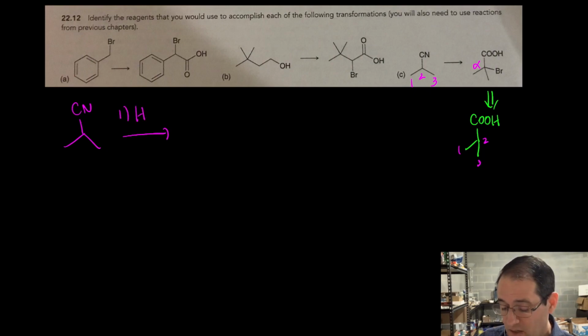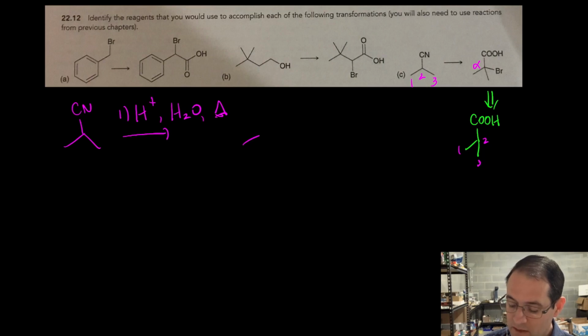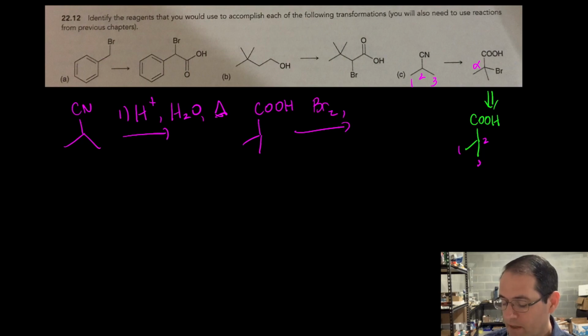So H3O plus, or H plus and water and heat. Very concentrated acid. So I'll just write H plus, H2O. Don't forget to use the triangle there. Triangle means heat, and that will get you to the carboxylic acid in 1 step. And then we treat this with bromine, phosphorus tribromide, that would be step 1.